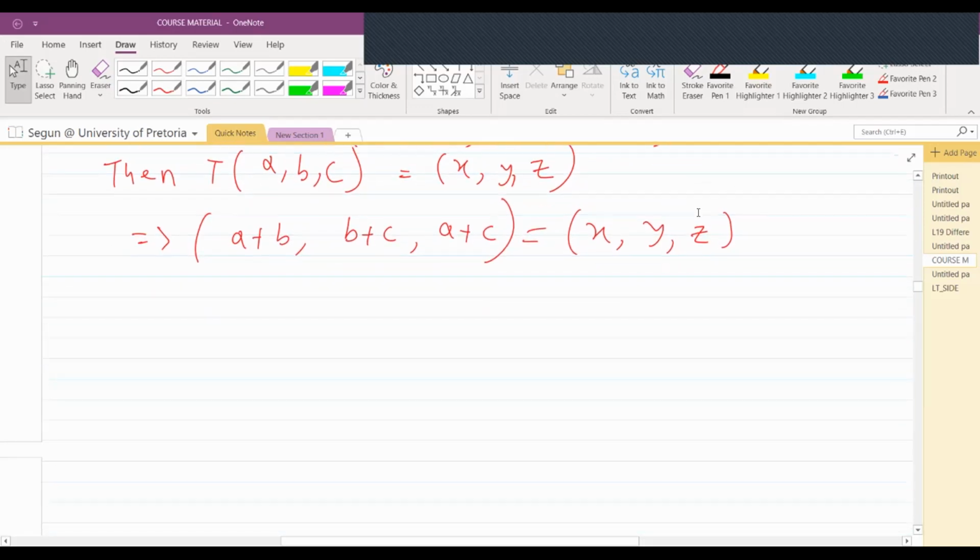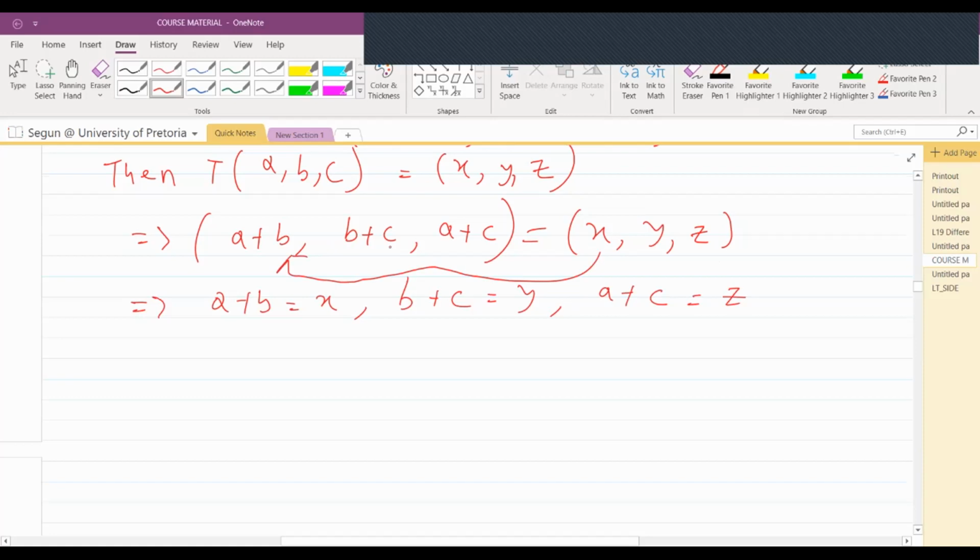So from here, A plus B equals X, B plus C equals Y, and A plus C equals Z. From here, it's still the same thing. You can see what we are doing.